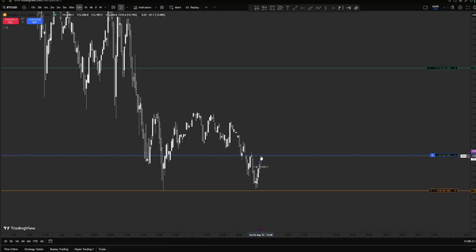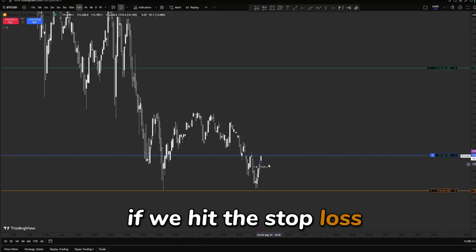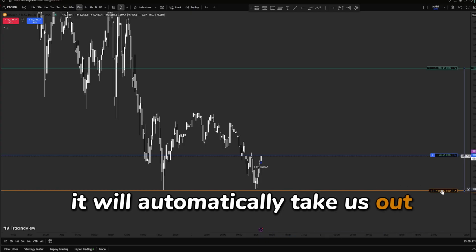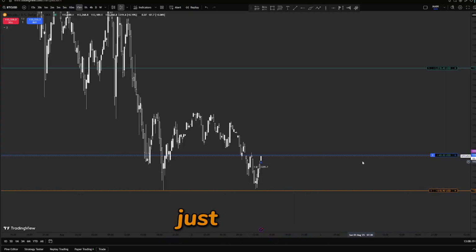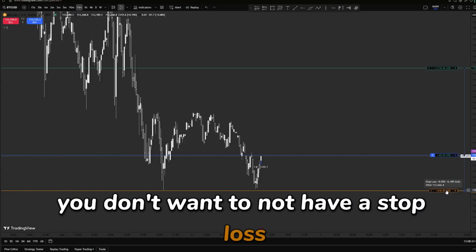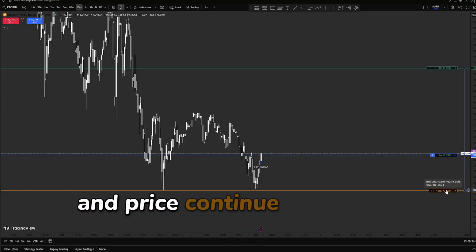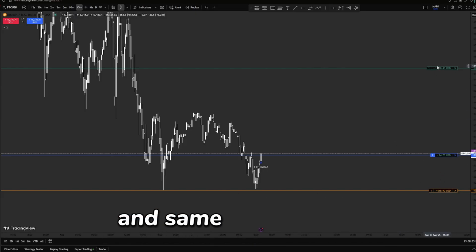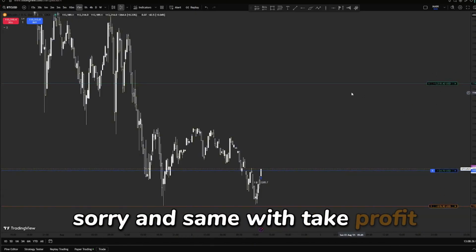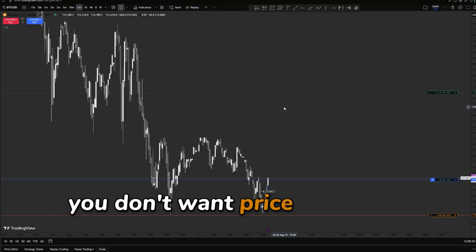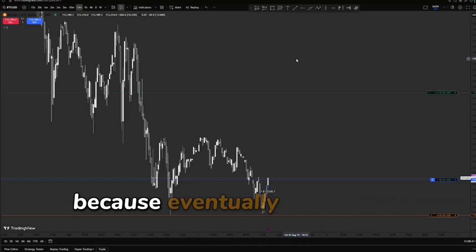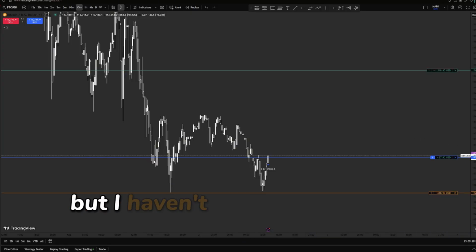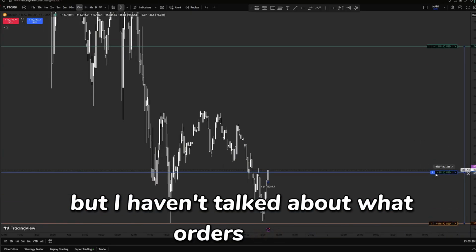And if we hit the stop loss, it will automatically take us out and take this loss, just because you don't want to not have a stop loss and price continue going even lower to lose all your money. And same with take profit. You don't want price to keep on going back up because eventually it will come back down. But I haven't talked about what orders are.